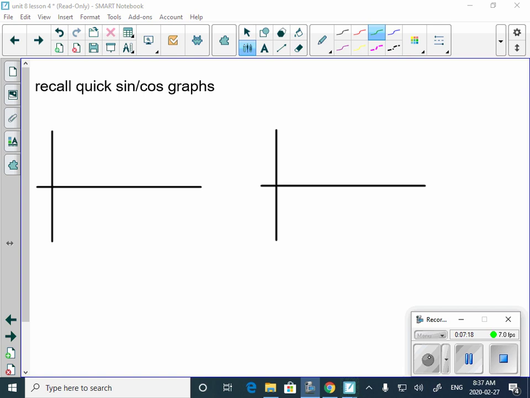The other foundation that you need to have at your fingertips, and we'll have ones up on an anchor chart, is y equals sin x, y equals cos x. Just that basics so we can do the transformation. So y equals sin x starts at 0, 0. That's the big idea.